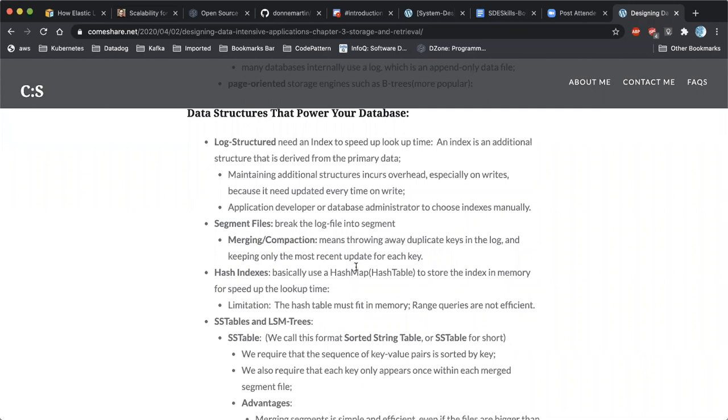Because we keep appending, we always have the latest: we start from the end looking for the item, and whenever we find a key, that's the latest, and we don't care about the old ones.